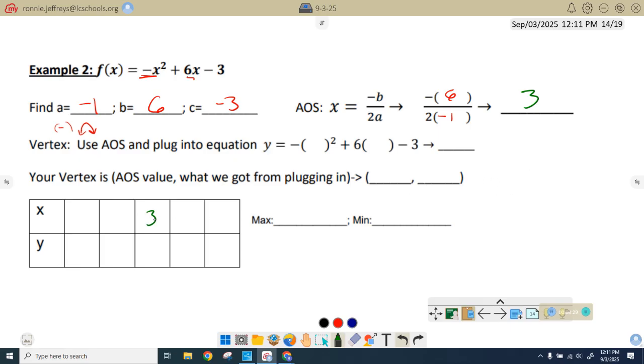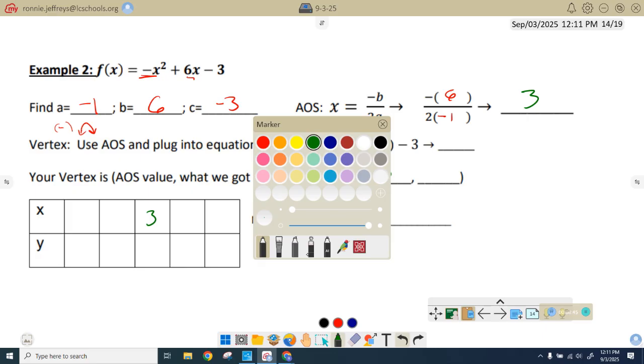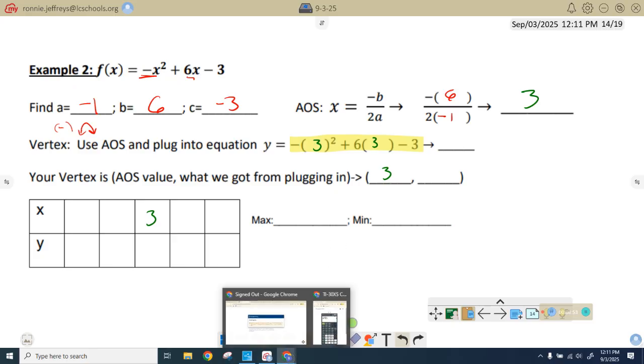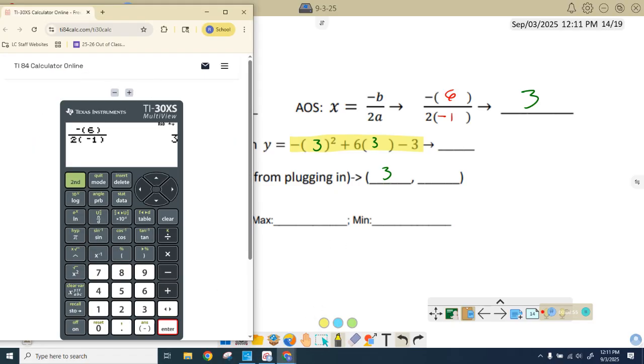Now, everywhere we saw x, we're replacing it with these parentheses and we're putting a 3 inside of it. That way, when we actually type it into the calculator, this is exactly how it should look. Okay?